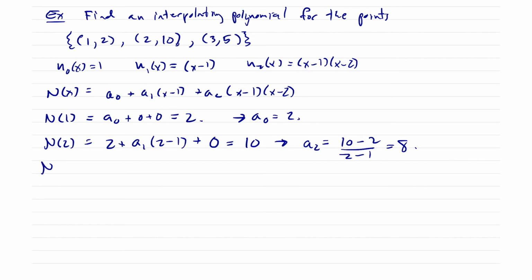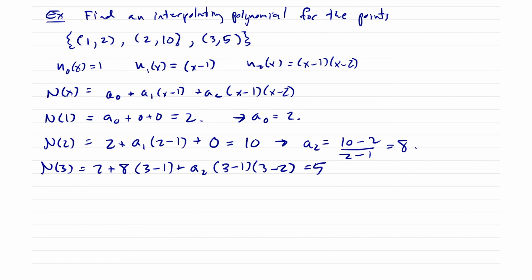Okay, so now N(3) is equal to 2 plus 8 times 3 minus 1 plus a2 times 3 minus 1 times 3 minus 2. And so this should be equal to 5.